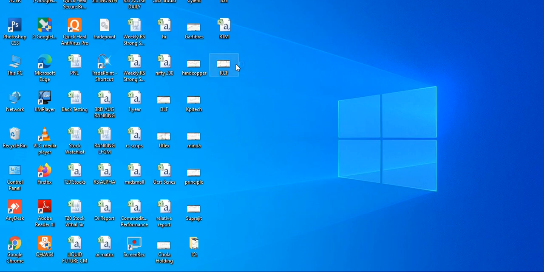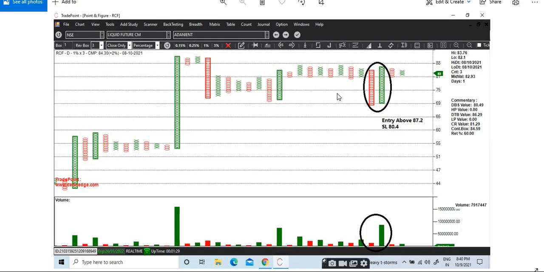A similar pattern I could see in RCF. You see this huge anchor column. Then there is consolidation, which is still there. We have seen this Climax pattern here.